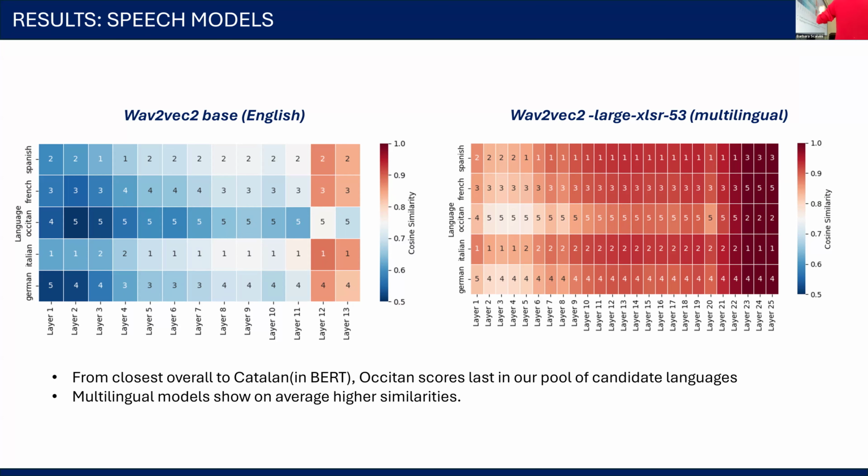Sorry, when you say last or first, do you base it on the ranking you mentioned on the last layer or on the average of all layers? Yes, I'm averaging them mentally, but because there's always fifth here, I can say that this is reliably last, and the same goes here.